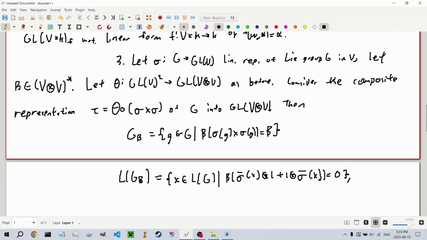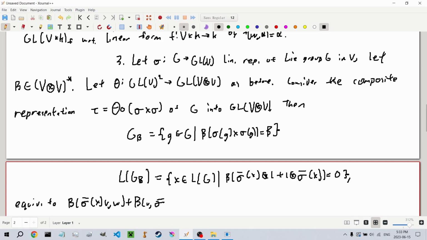This defining condition is equivalent to beta of sigma bar of X on V and W plus beta of V and sigma bar of X on W is 0 for all V, W in V.